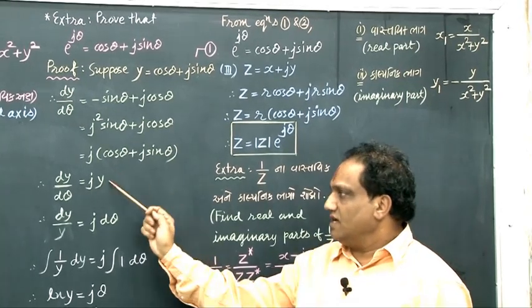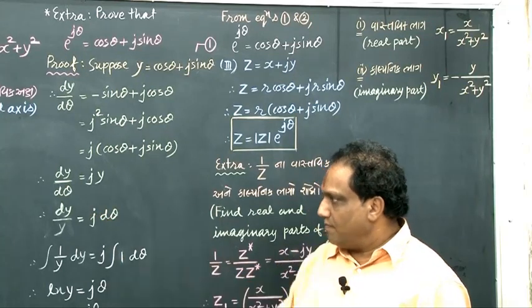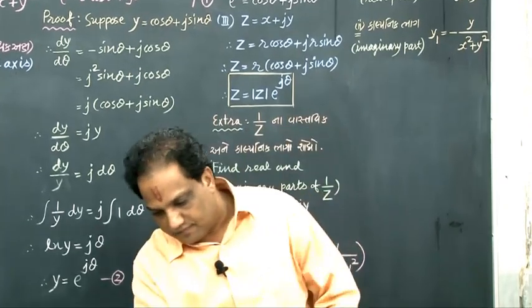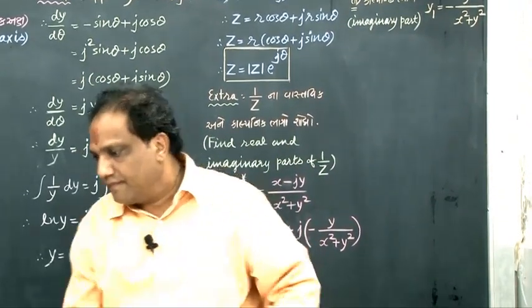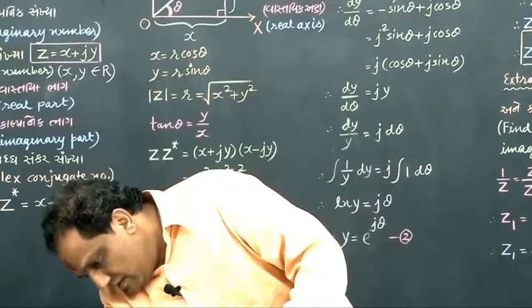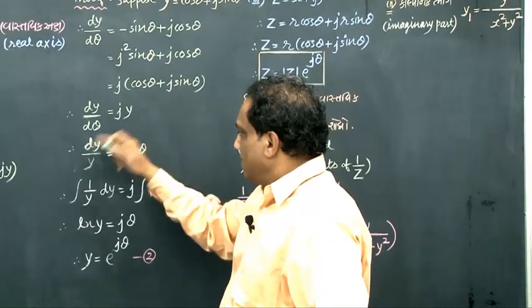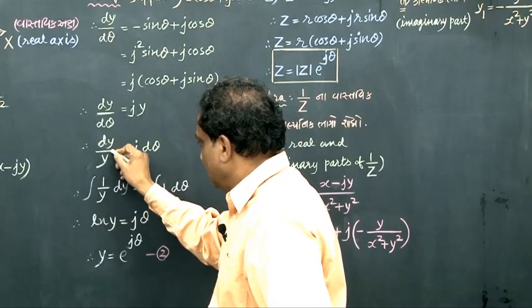Now take this y in the denominator and d theta up. So it is dy upon y. This y I am bringing down.